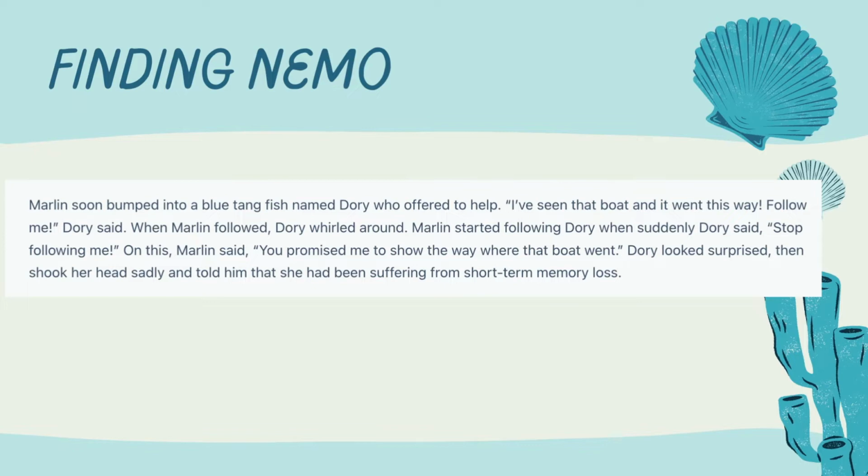Follow me," Dory said. When Marlin followed, Dory whirled around. Marlin started following Dory when suddenly Dory said, "Stop following me." On this, Marlin said, "You promised me to show the way where the boat went." Dory looked surprised, then shook her head sadly and told him that she had been suffering from short-term memory loss.